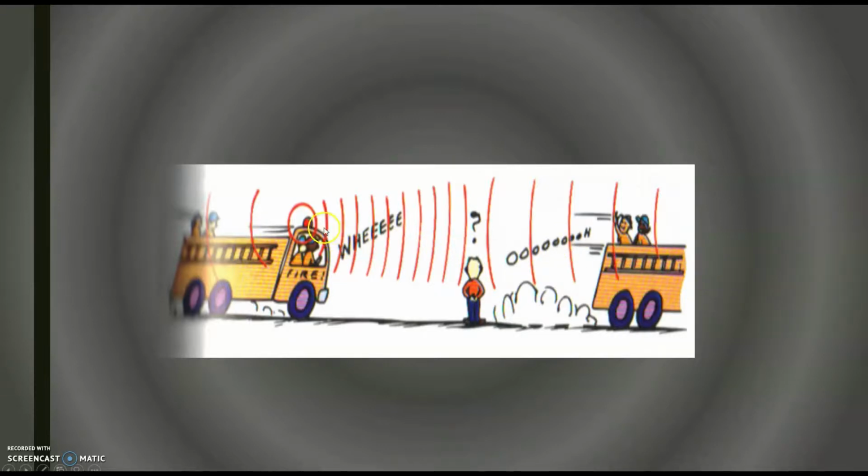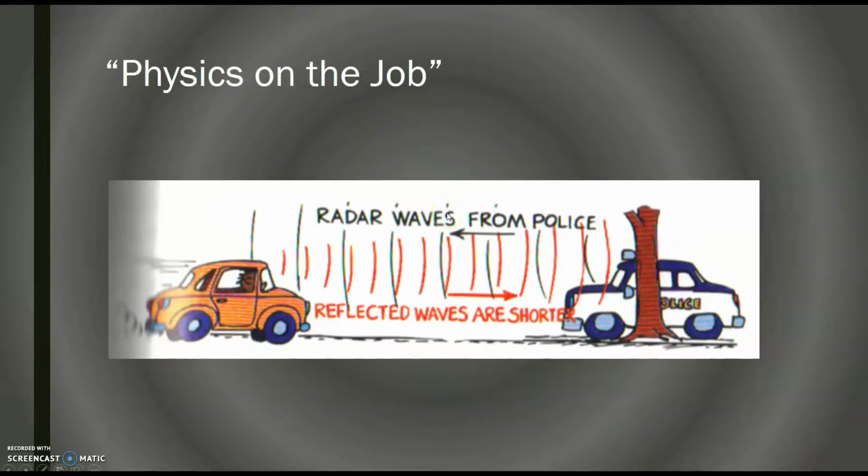So you can hear whether a fire truck is retreating away from you or coming at you based on whether the sound is louder or softer, higher or lower in pitch. But mainly you hear it based off of the fact that the sound is getting higher in pitch.